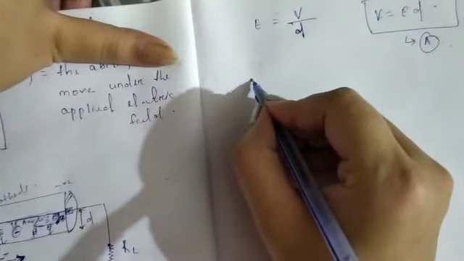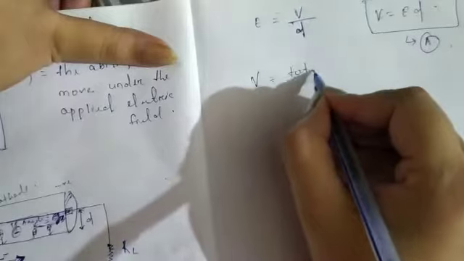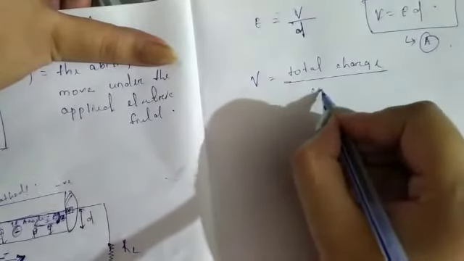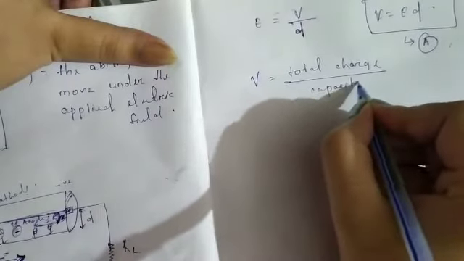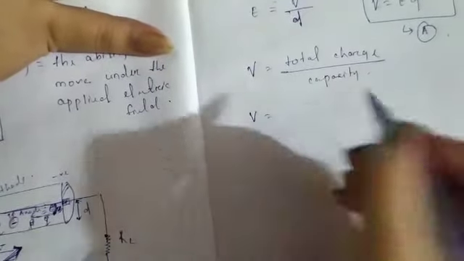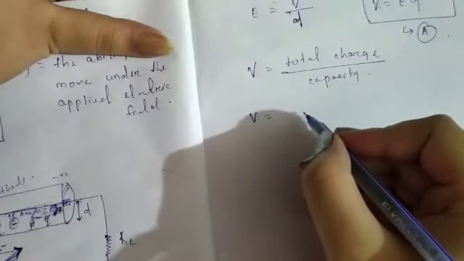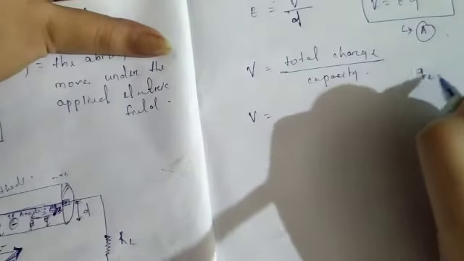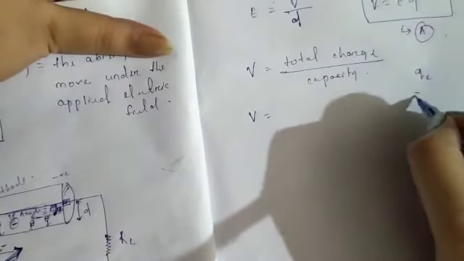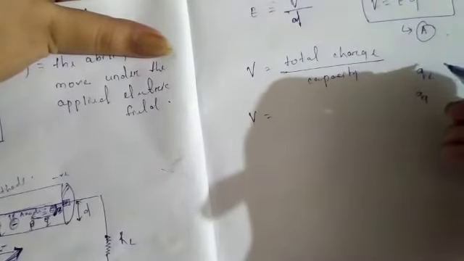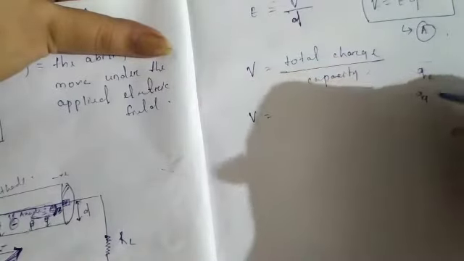Okay, this potential V can also be expressed in terms of total charge and capacity. So V is equal to total charge divided by capacity. Mathematically, V is equal to the total charge, that is the charge of electrons and the charge of positive ions. If QE is the charge of an electron and QP is the charge of a positive ion, there is not a single electron present; there are lots of electrons and lots of positive ions.